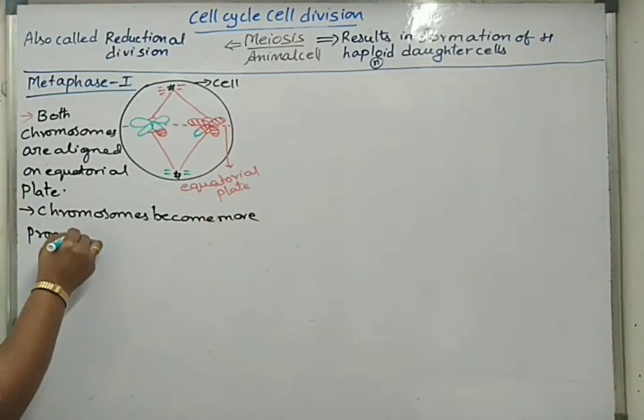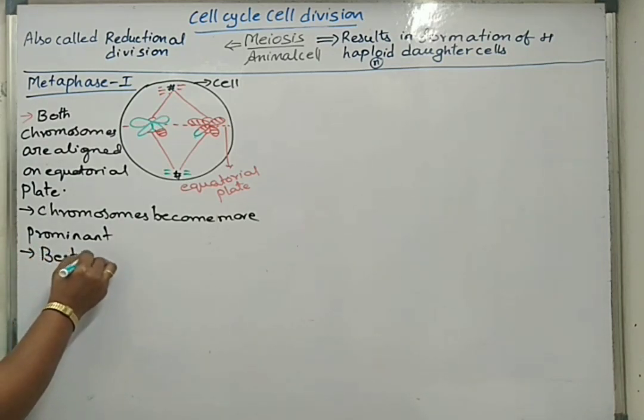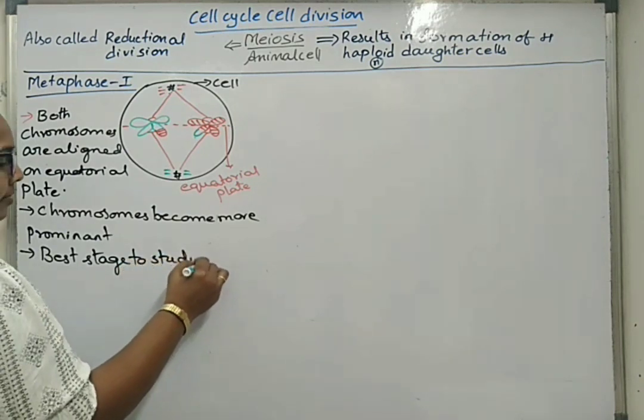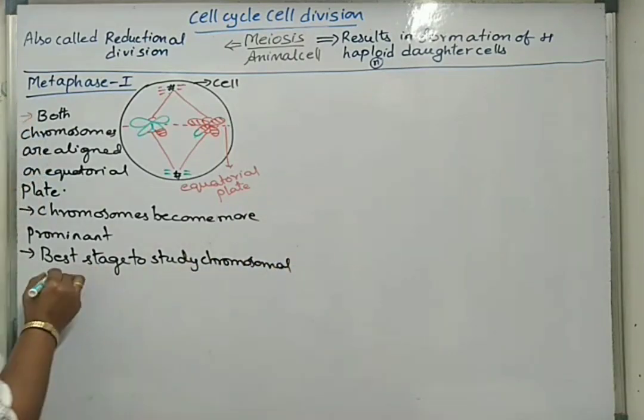Means they are clearly visible, so that at this stage we can study morphology or structure or shapes of chromosomes. So this Metaphase 1 is said to be the best stage to study chromosomal structure.